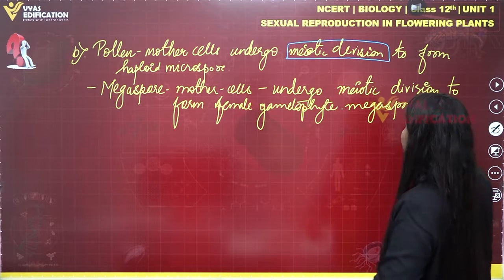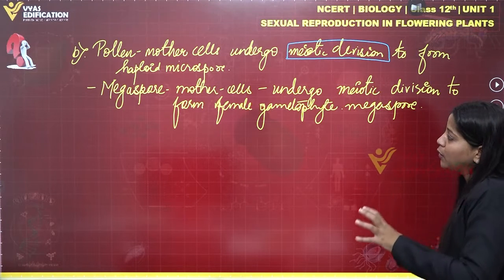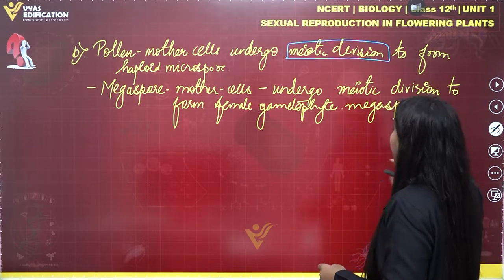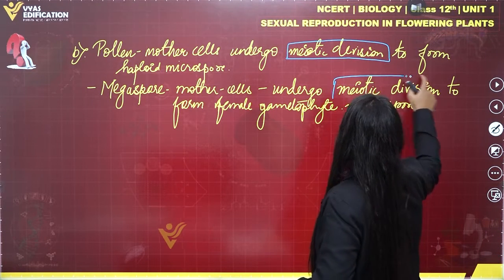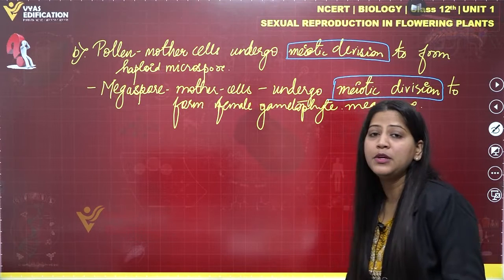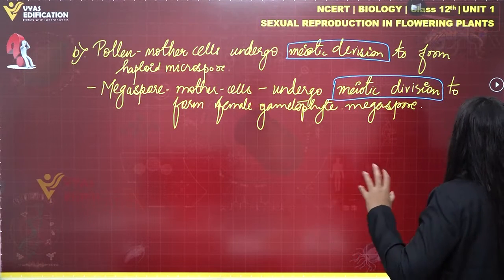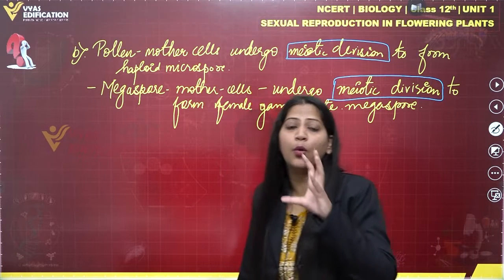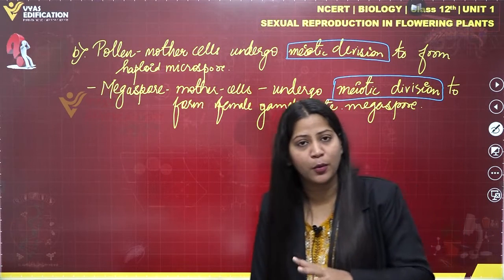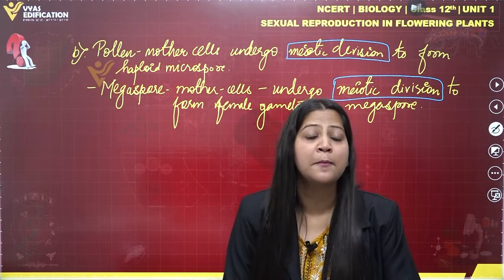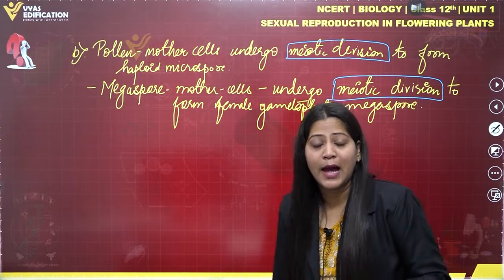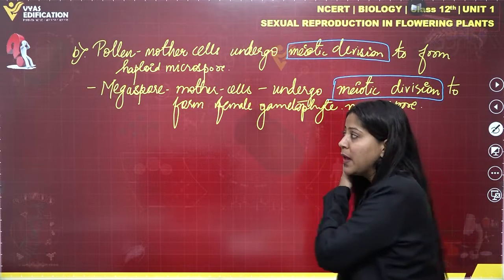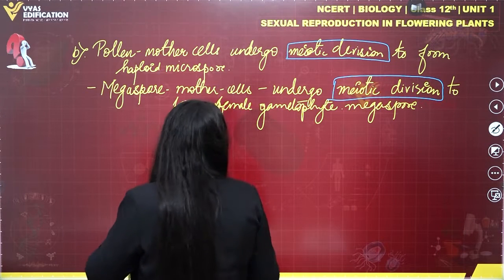So during the event of megasporogenesis, what kind of division is seen? Also in this we see meiotic division. Both in the events of microsporogenesis and megasporogenesis, the division type is reductional division or meiotic division.